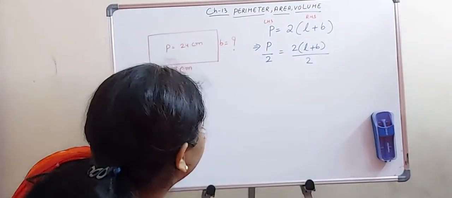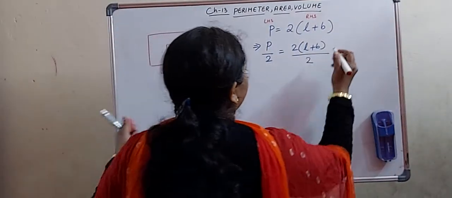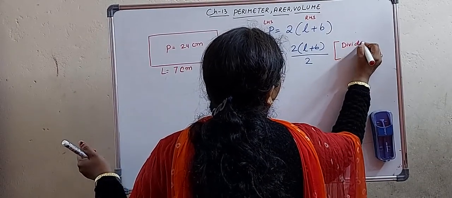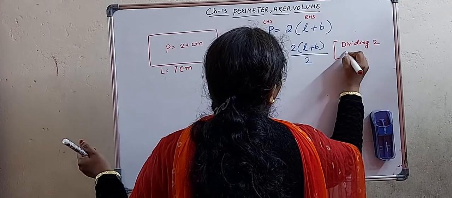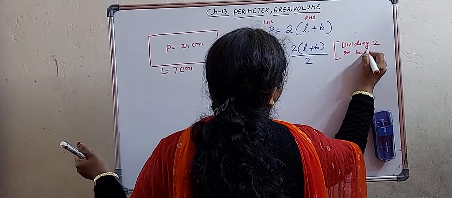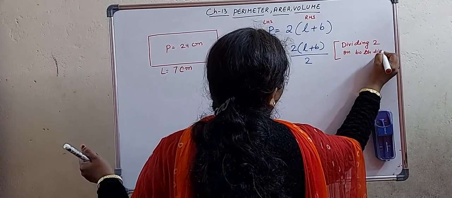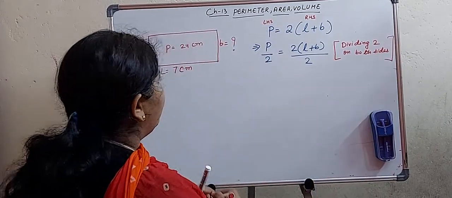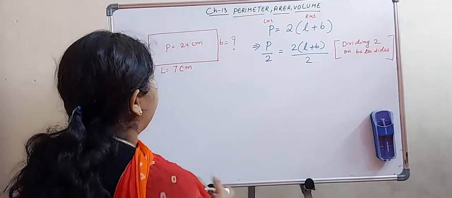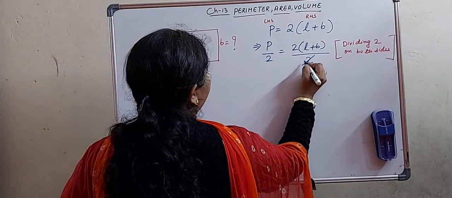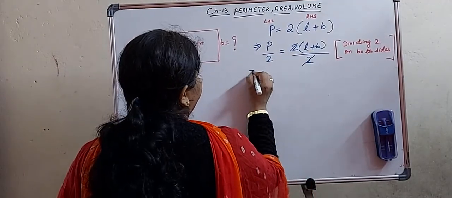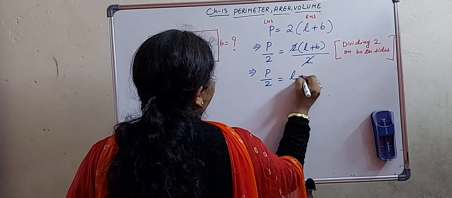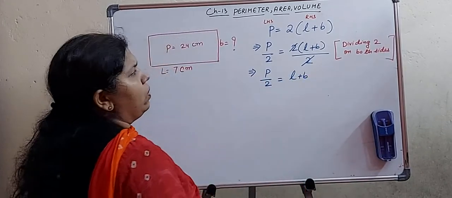And here you write down the reason: dividing 2 on both sides. After solving this, this 2 and this 2 will get cut, and what is remaining? P by 2 equal to L plus B. This is what you have got.